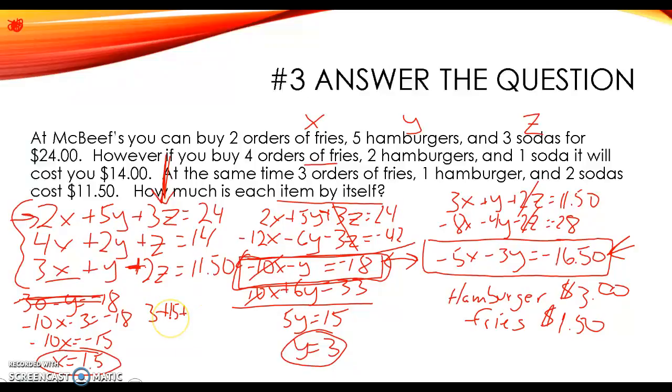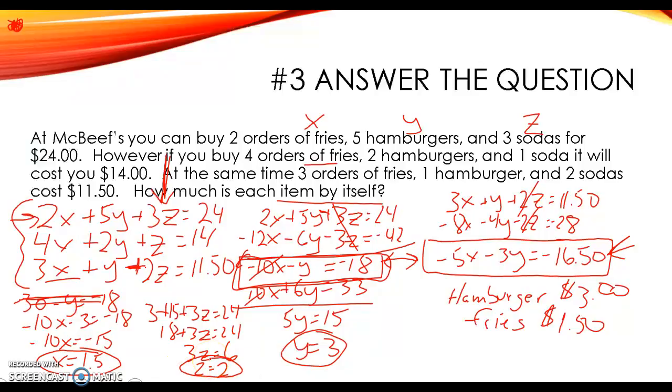Plus 3z, and I don't know what z is yet, equals 24. But 3 plus 15 is 18, plus 3z equals 24. And if I subtract 18 from both sides, I'll have 3z is equal to 6. And if I divide by 3, then z is 2.